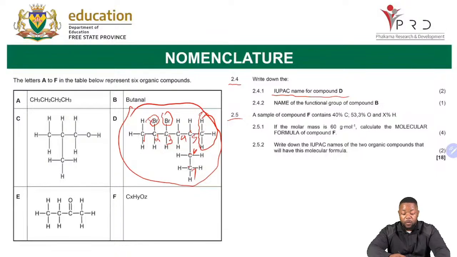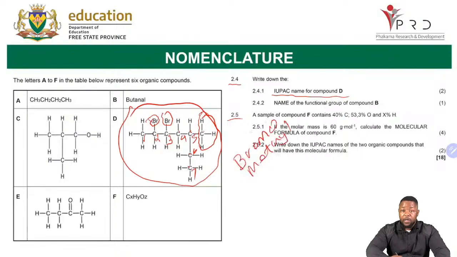So now we want to name this molecule. For the bromine, the prefix will be bromo, and for the CH3, the prefix will be methyl. Where is the bromo? We have the bromo in position 2 and 3, and we have the methyl in position number 5.